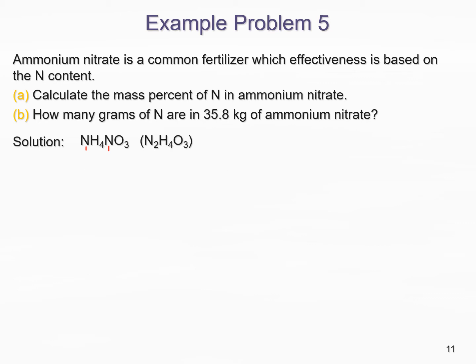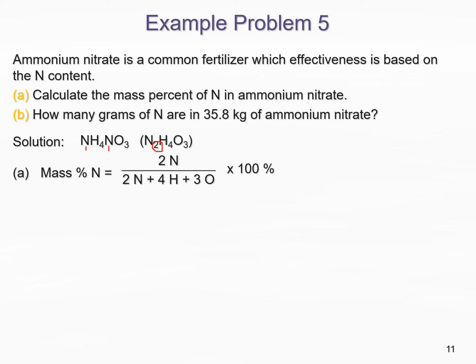Because we know what the formula is, we can use the second definition of mass percent based on the formula to figure out what the mass percent of nitrogen is. Remember, the subscripts become the coefficient of each element. So the subscript of nitrogen is 2, so 2 times nitrogen divided by the entire formula, which constitutes 2 nitrogen, 4 hydrogen, and 3 oxygen.